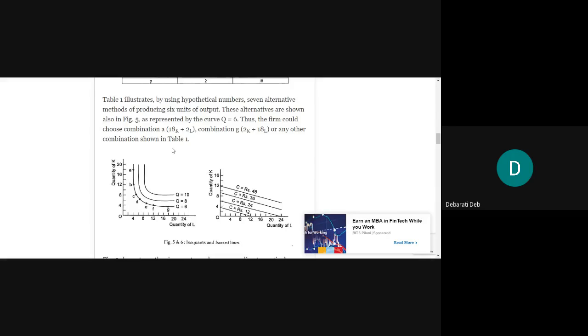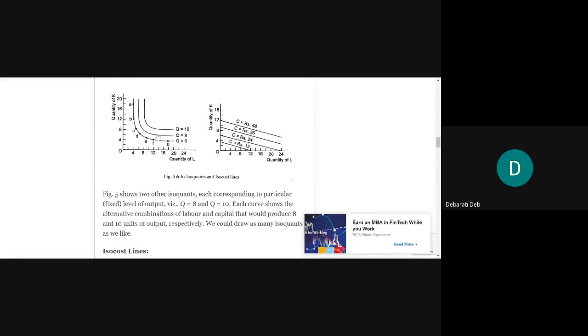This means the option A, which is having 18 units of capital and 2 units of labor. When you're saying 2K plus 18L, it means these 2 units of capital and 18 units of labor are producing 6 units of the output. All right. So the firm can choose any of these 7 options, which is falling on the same isoquant curve where Q is equals to 6.